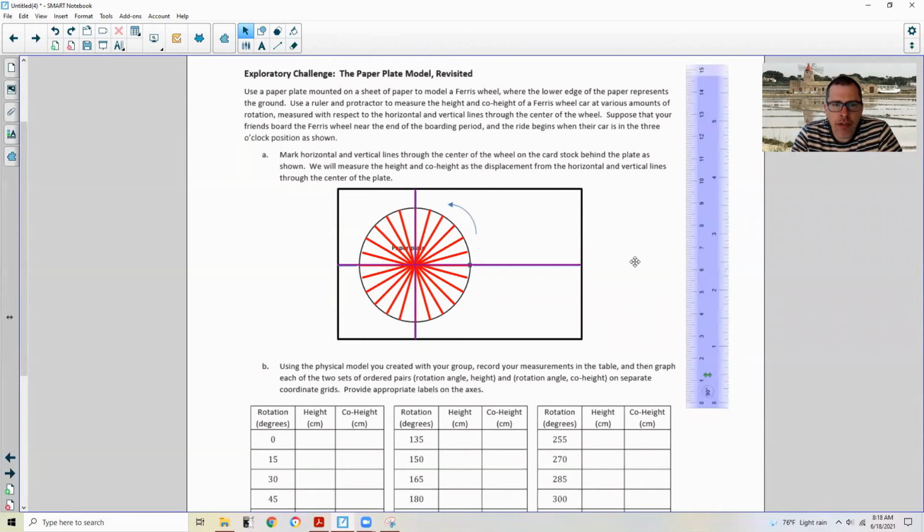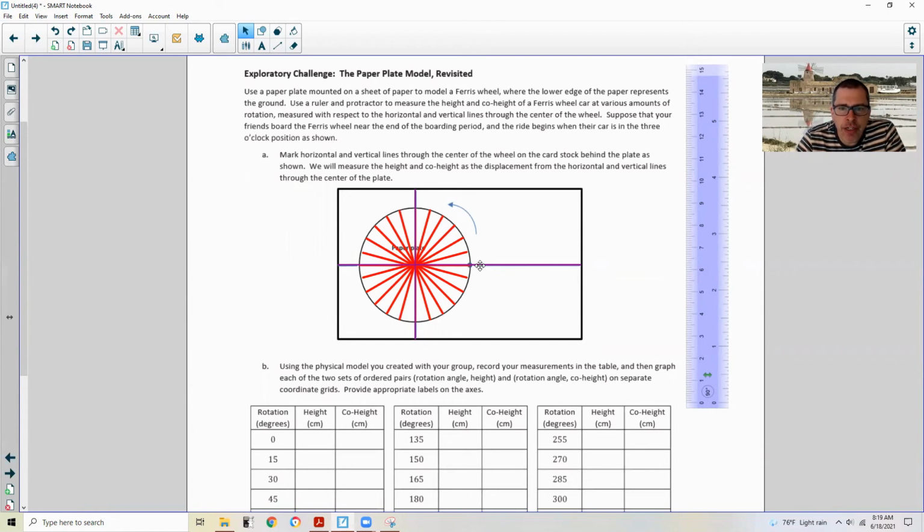measured with respect to the horizontal and vertical lines through the center of the wheel. Suppose that your friends board the Ferris wheel near the end of the boarding period, and the ride begins when their car is at the 3 o'clock position as shown, which is this dot right here. It says to mark the horizontal and vertical lines through the center of the wheel on a cardstock behind the plate as shown.